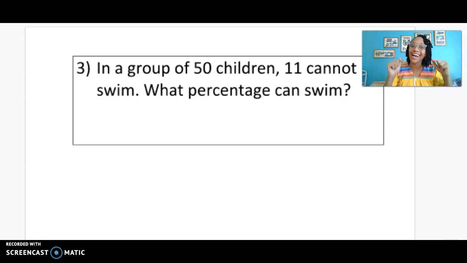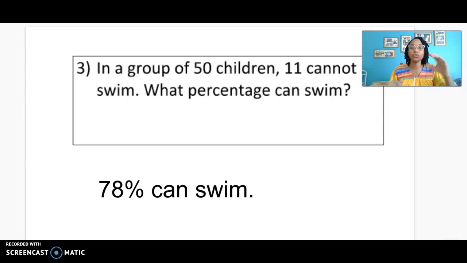But the question asks us, what percentage can swim? So we need to use equivalent fractions to make this out of 100. If we have 39 out of 50, how many do we have out of 100? Well, to get from 50 to 100, we multiply by 2. So we need to multiply by 2 on the top of our fraction as well. We take 39 and multiply by 2 to get 78% can swim.